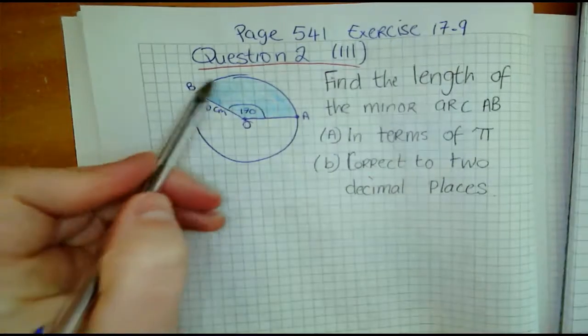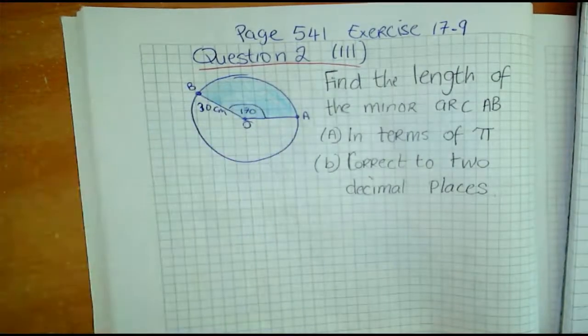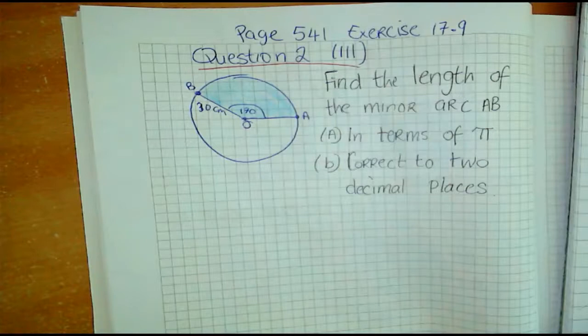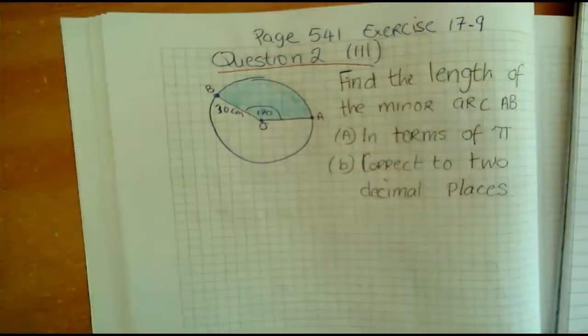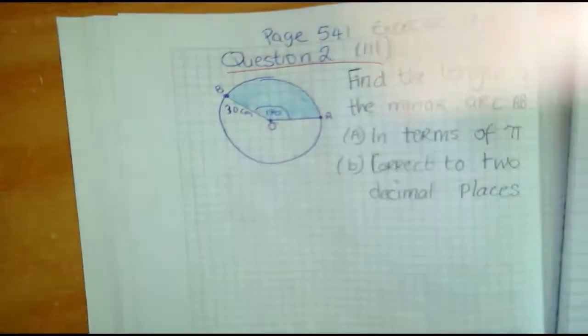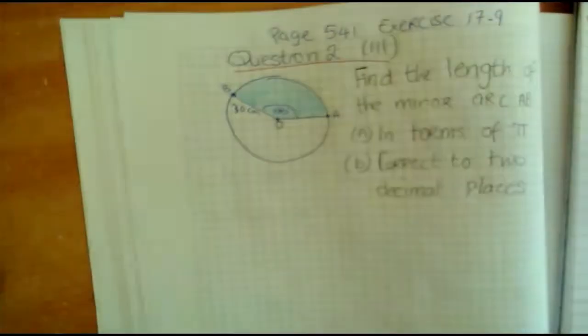So the length of the arc is just this length here, in terms of pi, and then correct to 2 decimal places. So again, we're going to our log tables and we're going to see what L is equal to. We're going to get that formula.